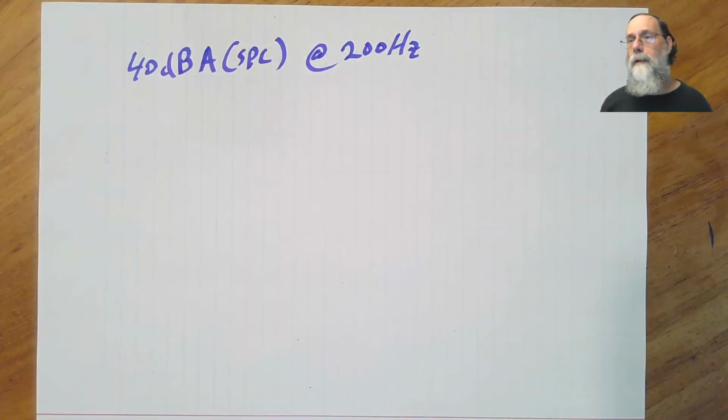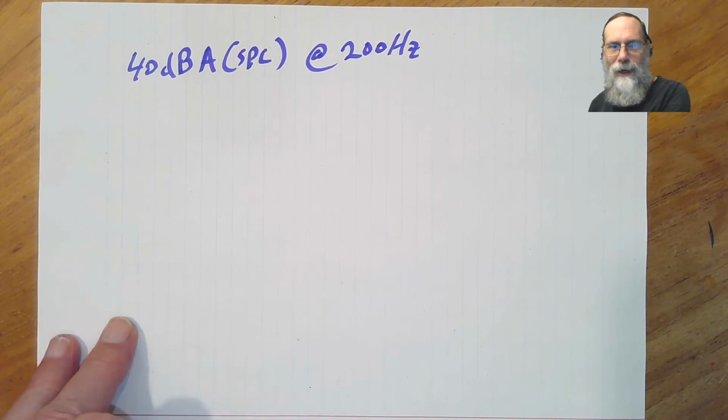So what I recommend doing is either using the formula, which is huge, or more simply, using one of the internet calculators. There's lots of them out there. This formula is public domain, has been for a long time. It's very easy to find calculators that'll tell you how many dB is the correction at 200 hertz.